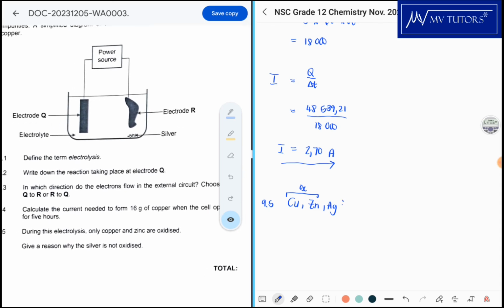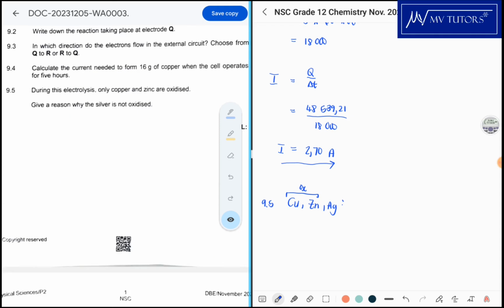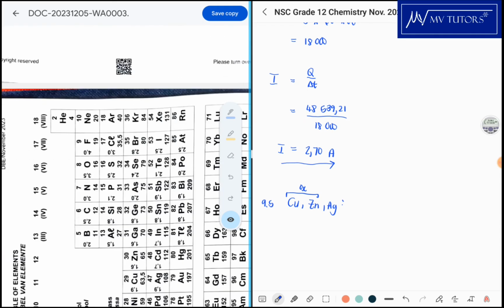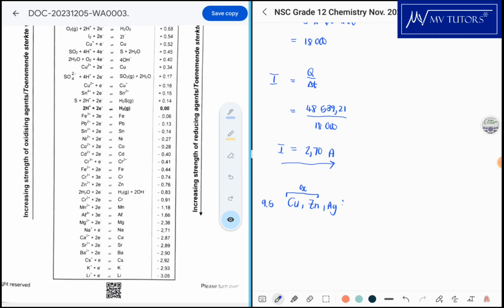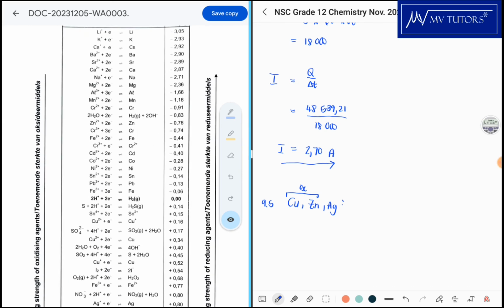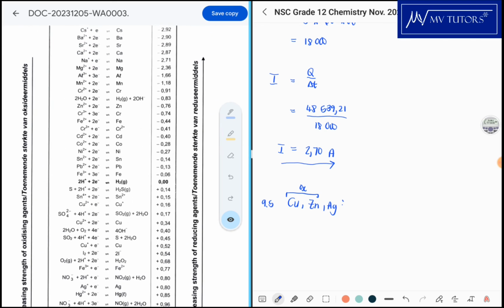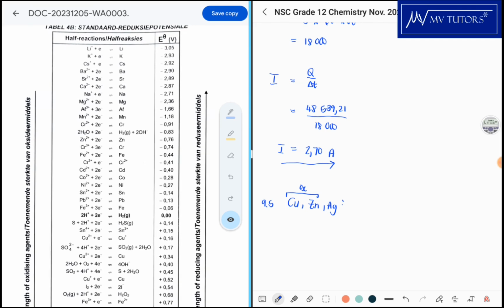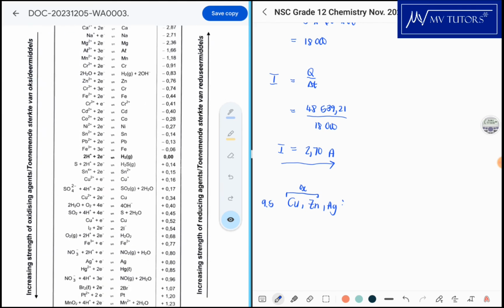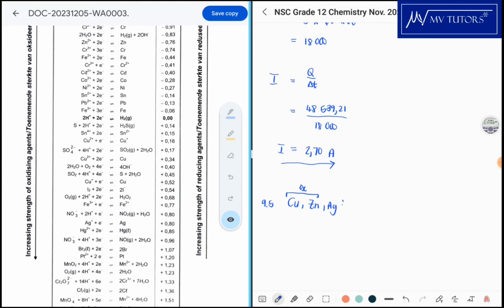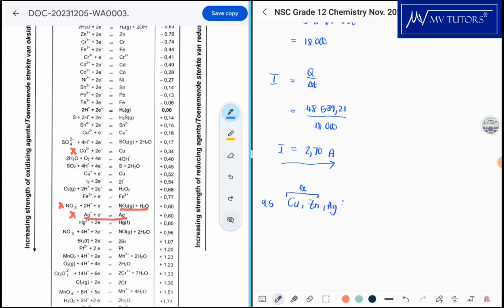We have been discussing this from question 8, but let's go back to table 4b and have a look. Where is zinc? Should be somewhere up there. Okay, I see it. Let me just remove this nitrate, we're not looking at it anymore.